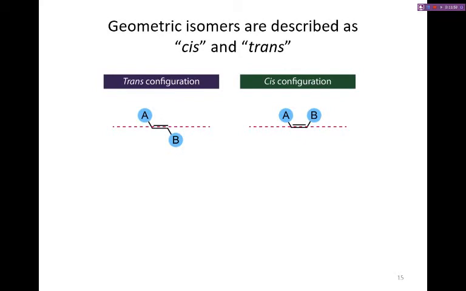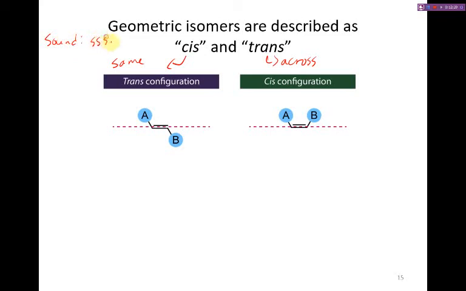So we use the terms cis and trans. Trans you can think of as meaning across, and cis meaning same. As in, the Transcontinental Railroad crosses the continent, or a transatlantic ocean liner is going across the Atlantic Ocean. And cis, the way that I remember cis, is the sound.